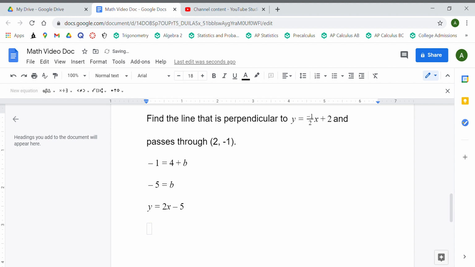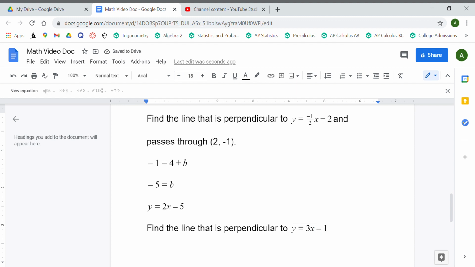Now your turn. Find the line that is perpendicular to y equals 3x minus 1 and passes through (4, 3).